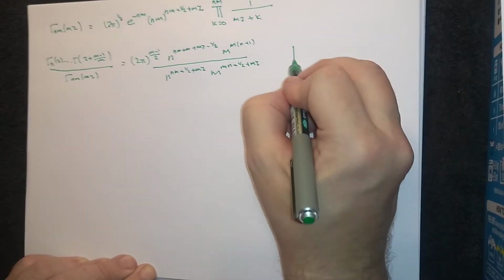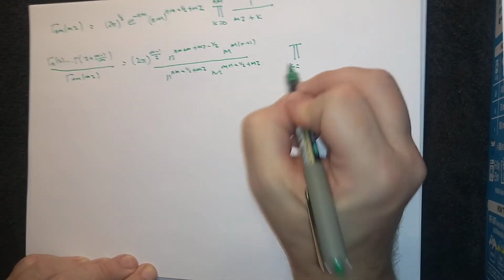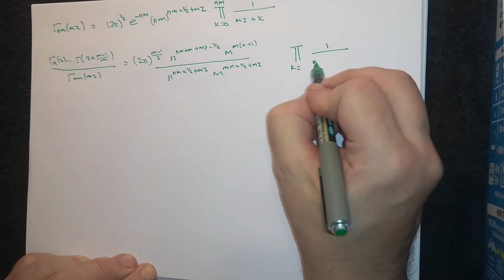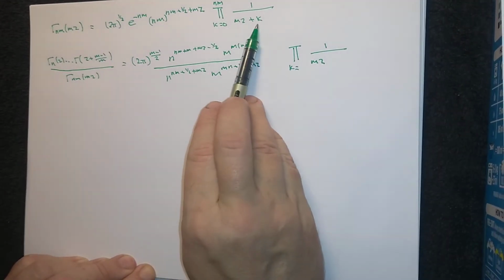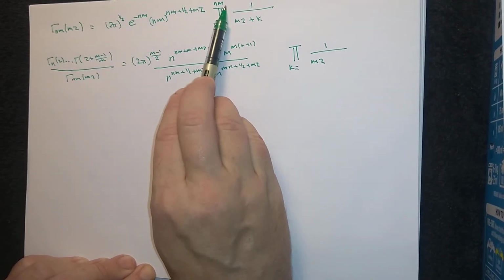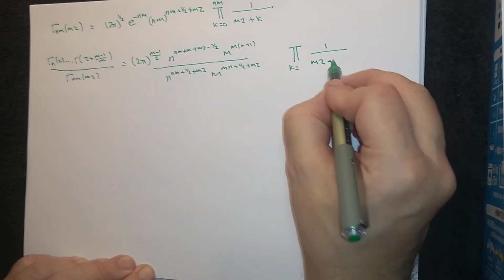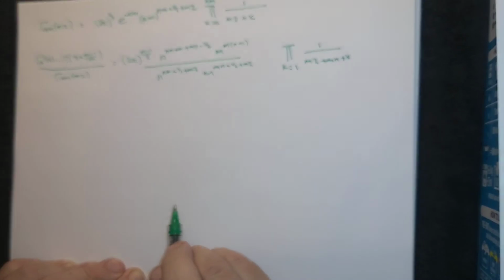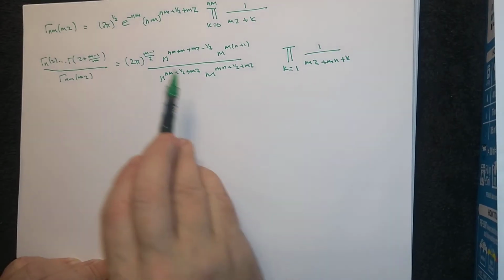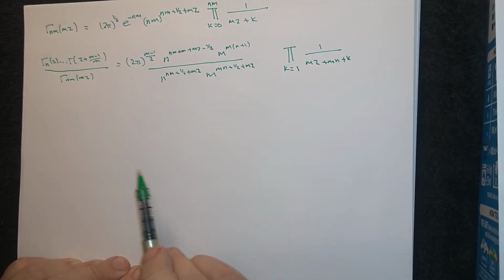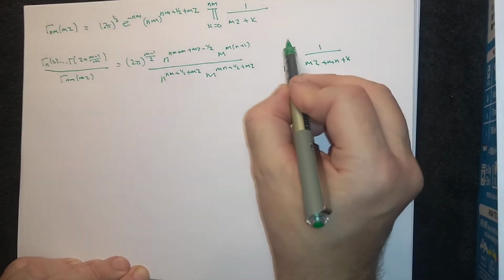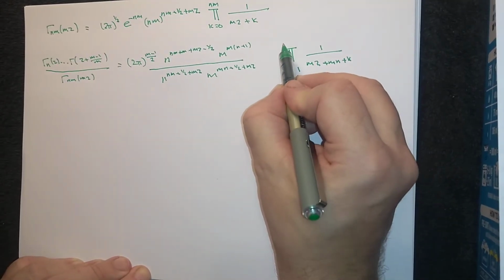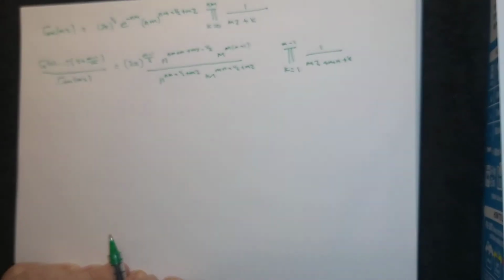The product term is 1 over mz plus all values of k from one more of this, so that's mn plus k, all the way up to the top term in the other series, which is on the other piece of paper, but that's m minus 1.